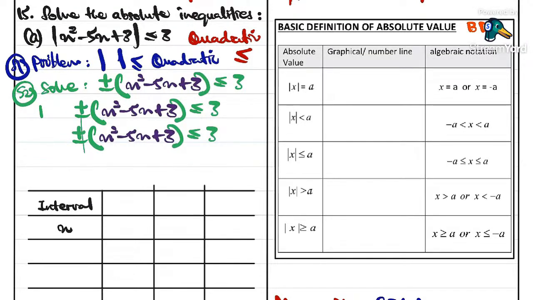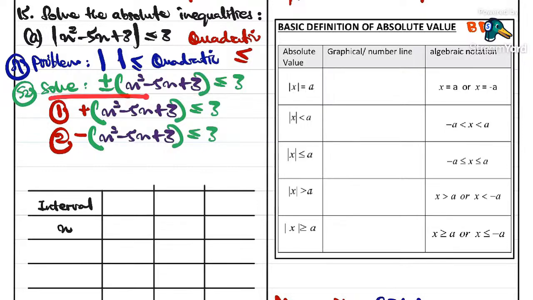So let me delete this positive negative sign. So what I meant here is, one is positive sign, one is negative sign. So you akan ada dua statement, one statement, two statement. So satu statement, satu inequality akan memberi kita satu TOS.